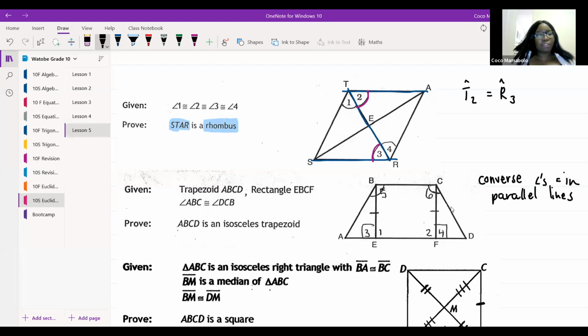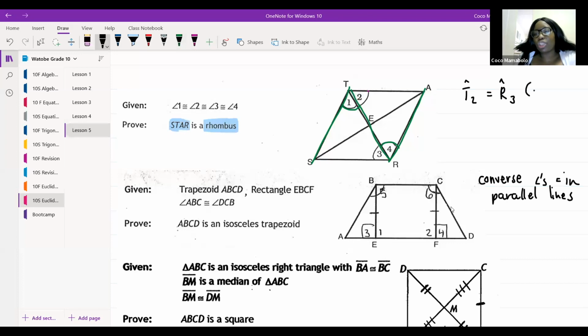But that's information they've given us. And then we can look at the fact that I've given you this line and this line and a line that goes between them. Right, so I can then say T1 and R4 are equal.